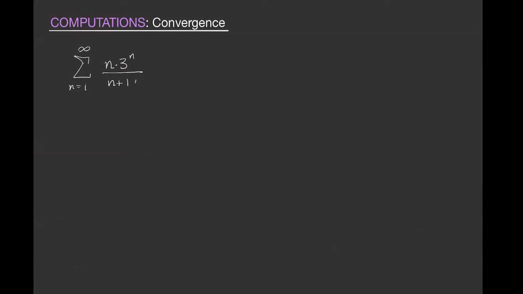And actually, let's do 4 times 4 to the n plus 3. Okay, I'm just going to clean this up, but it's going to be the same series as what I've got here. So what do you guys think?